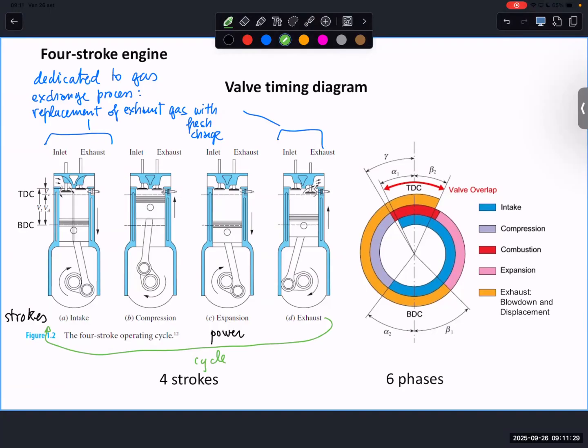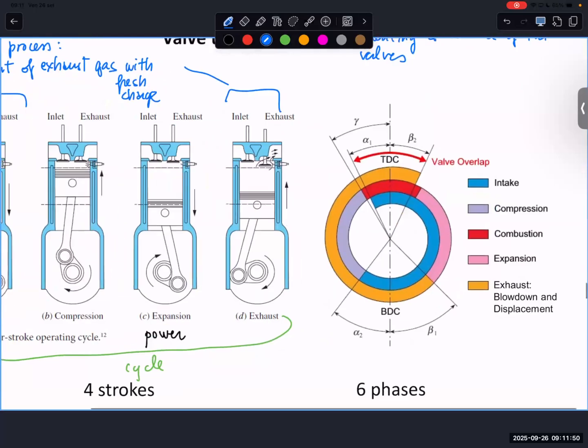Thank you. So here we have a valve timing diagram. So we are considering opening and closure of the valves, and we can also consider the strokes. So here we have TDC.